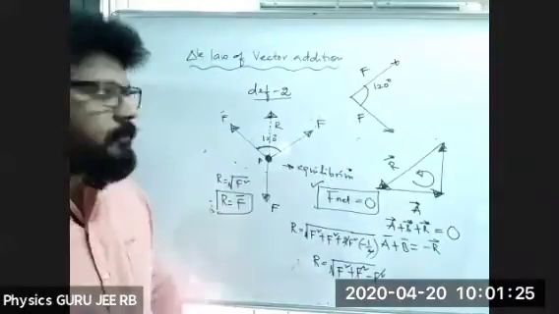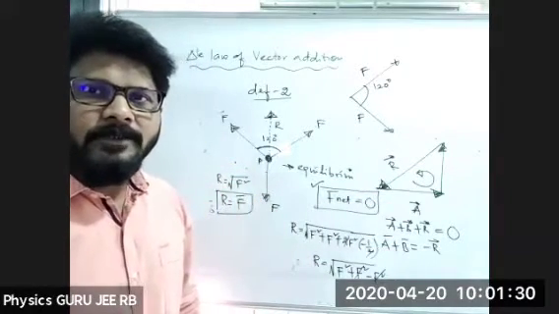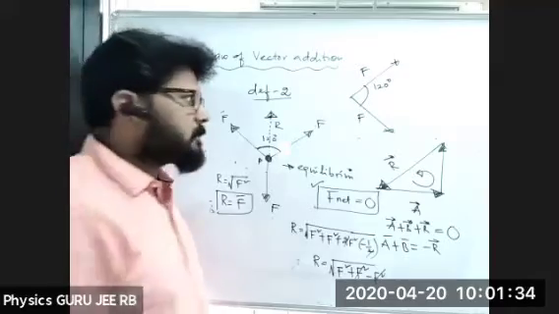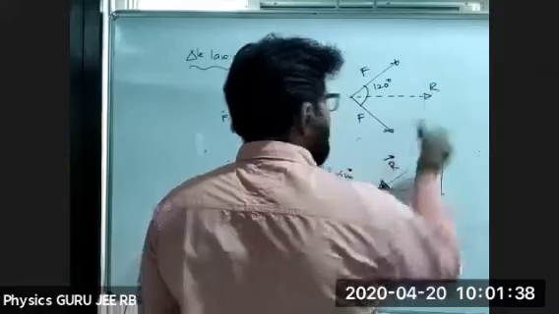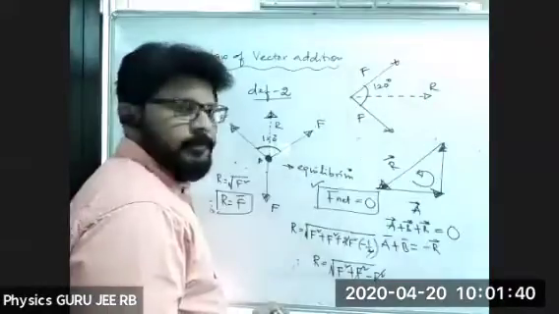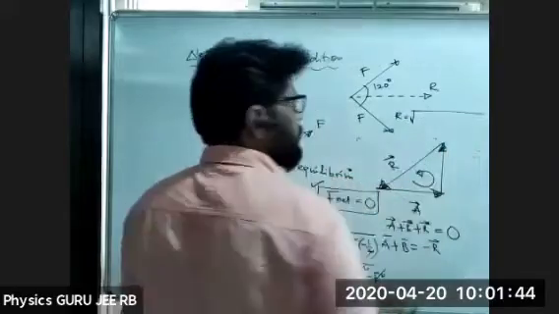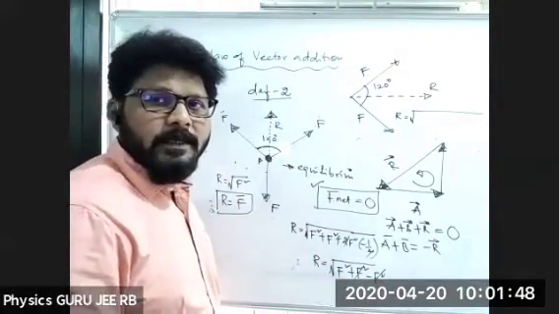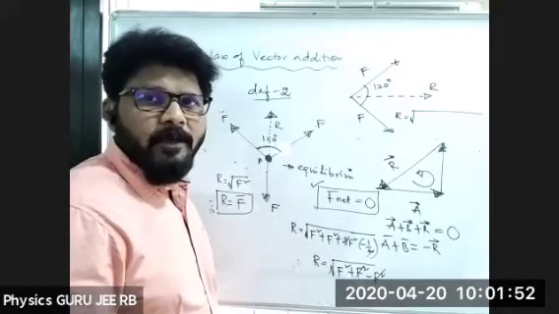If I want to calculate the magnitude of the resultant, what will I use? Parallelogram law of vector addition. So this is the resultant R. R is equal to under root of a square plus b square plus 2ab cos theta.